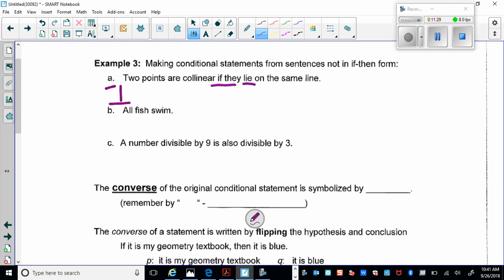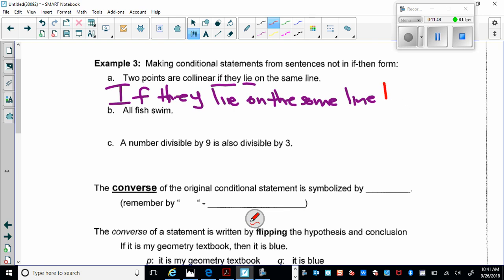So the way I would start is, okay, I can say, if they lie on the same line, then I will write the conclusion in red, then points are collinear, right?